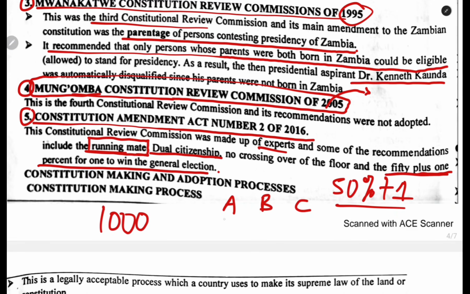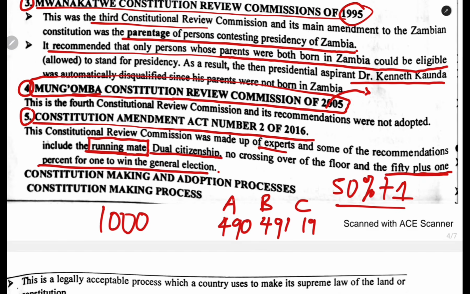Candidate A gets, let's say, 490, and candidate B gets 491. Then candidate C, out of 1,000, we are remaining with 19. So candidate C gets 19.